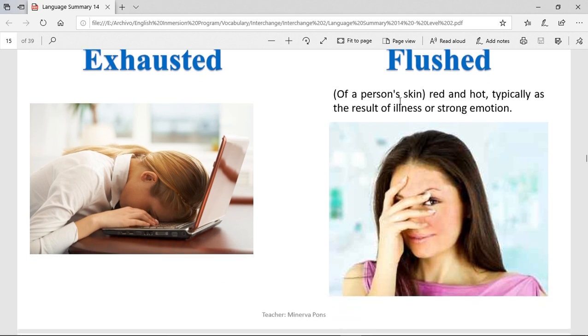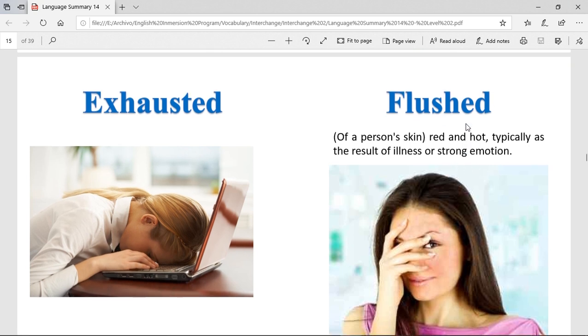Flushed. Of a person's skin, red and hot, typically as the result of illness or a strong emotion. When you're talking with your crush, you feel like, oh my god, he's my crush, and then your face comes red. That's called flushed. When you flush, it's either by illness, because remember, if you get the flu, then your face goes red, and that's illness.